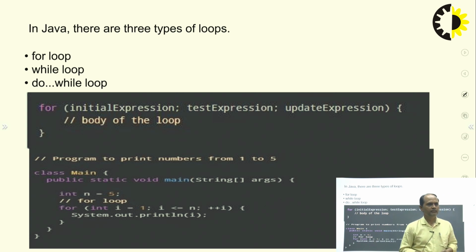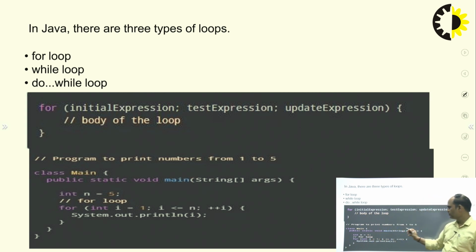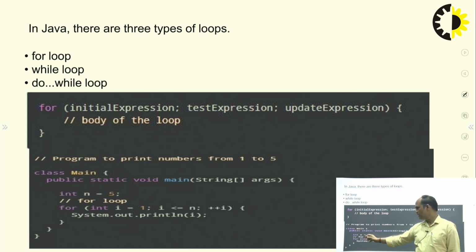And the particular program to print the numbers from 1 to 5, this is the basic program that we have used with the for loop in Java. Class main, we have defined public static void main, that is the syntax part, and int n equal to 5 because we want to print from 1 to 5.